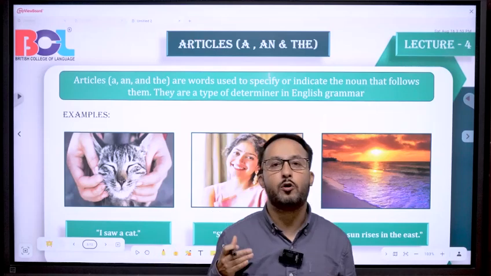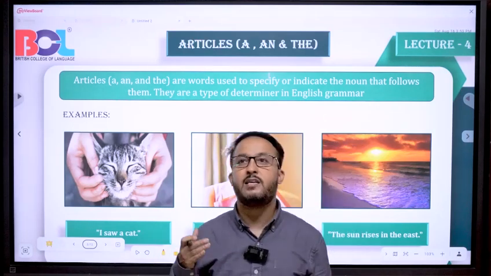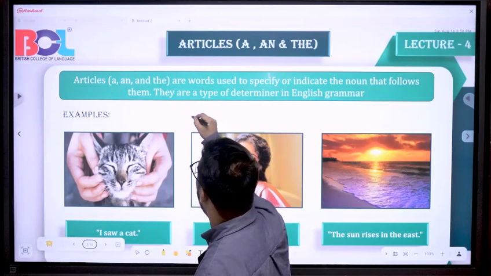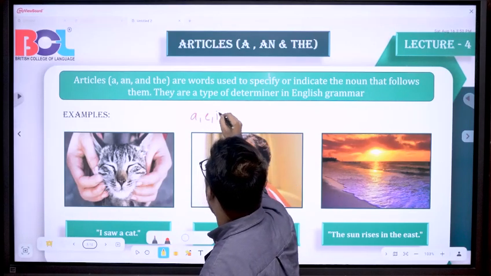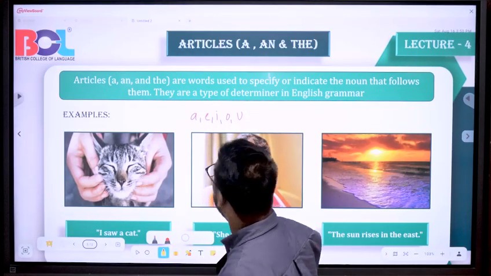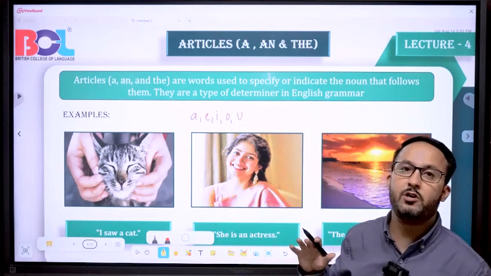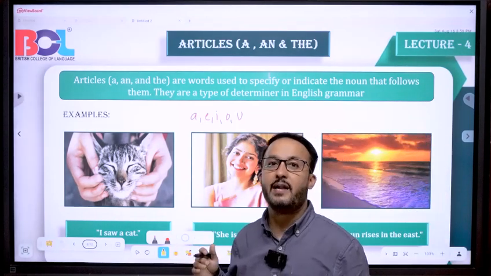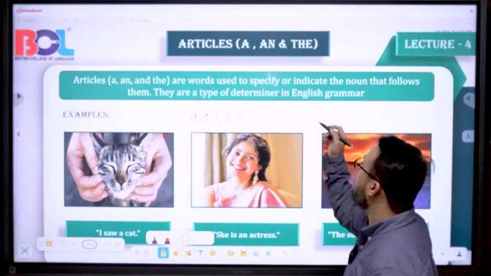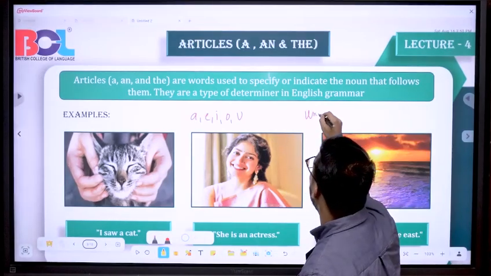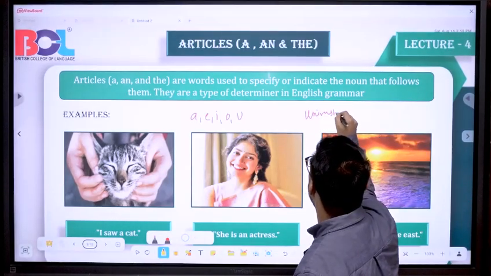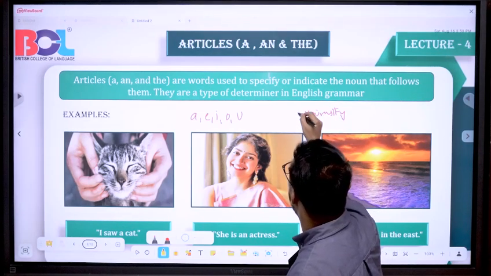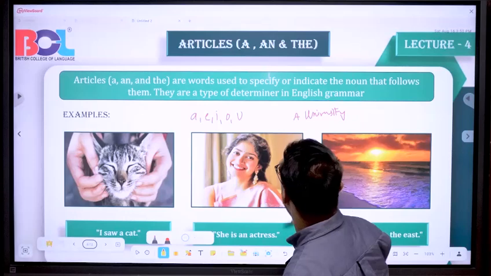However, there is a small contradiction in that also. As I told you, a, e, i, o, u are all vowels, and any word starting with these, we would be using an before that. But at times, a word starts with a vowel, though it's supposed to have an before it, we always use a, for example, a university.